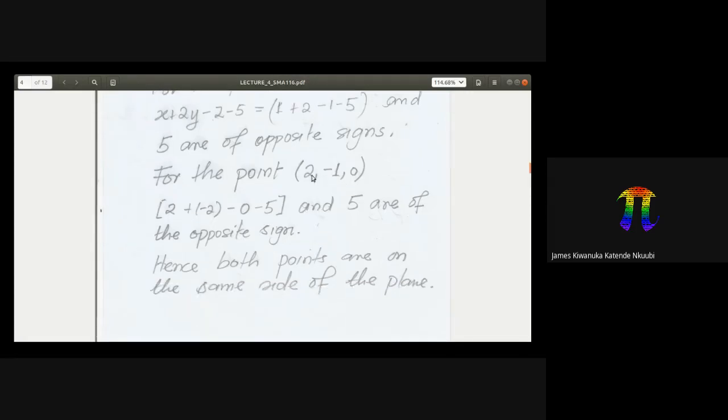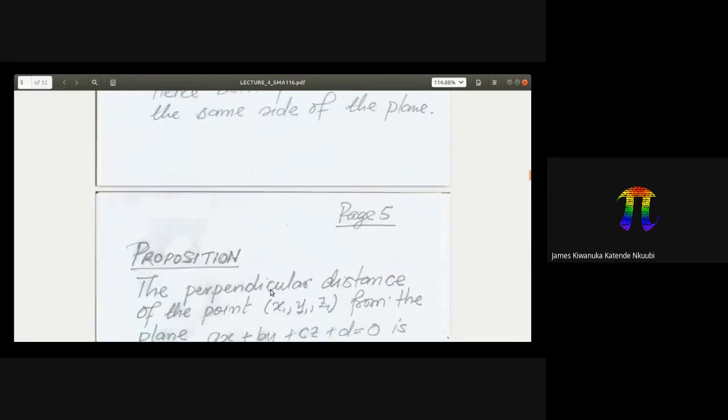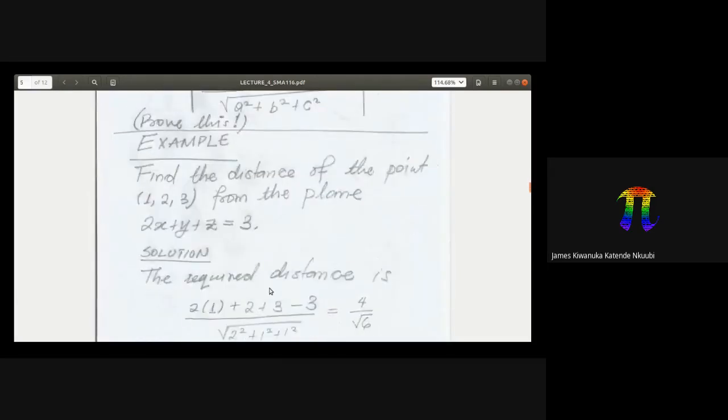Again, for this second point, this quantity is still negative and this is positive, so they're again of opposite signs. So both points must be on the same side of the plane as the origin.